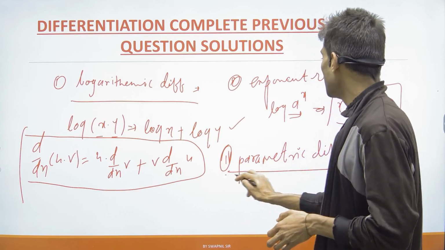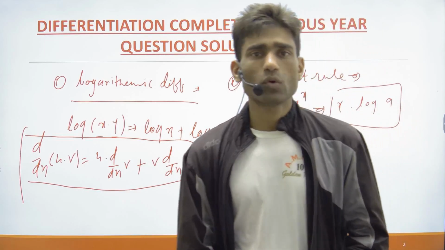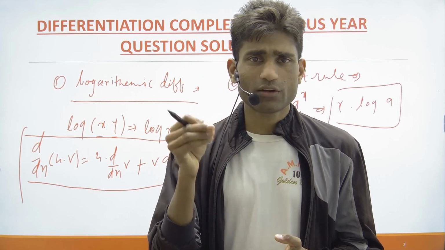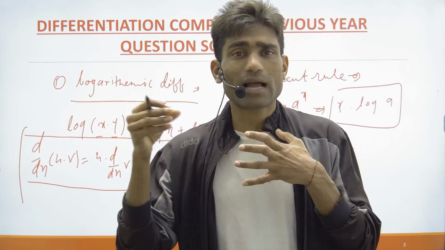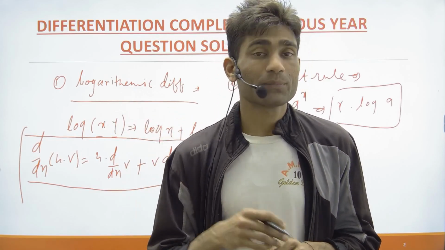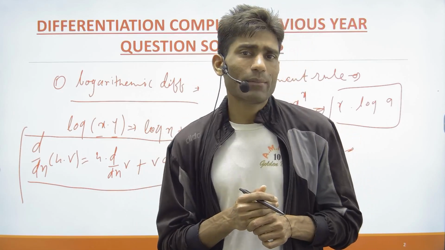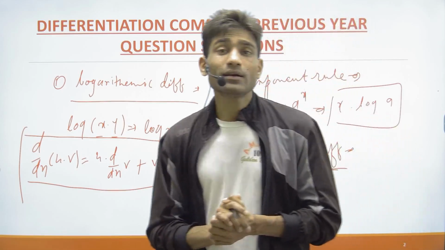It comes under parametric differentiation. For parametric differentiation we differentiate our function with respect to the given variable. If the function is in the form of theta, we differentiate with respect to theta, and then we proceed to find dy by dx.